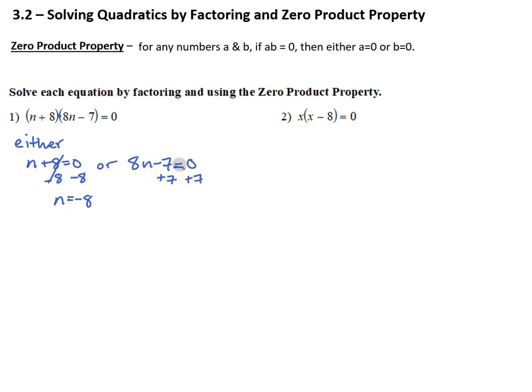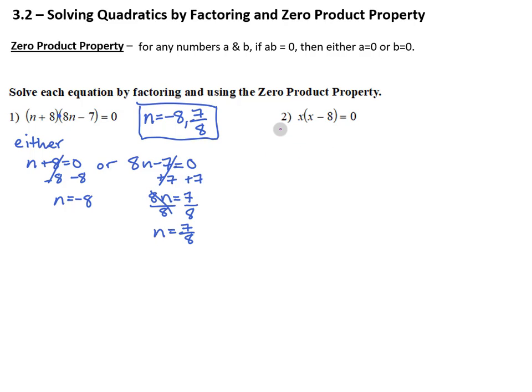If we add 7 over here, 8n equals 7. Divide both sides by 8 to get n by itself, and my other possible solution is 7/8. So our two possible solutions here are n equals negative 8 and positive 7/8. Two solutions for our first answer.